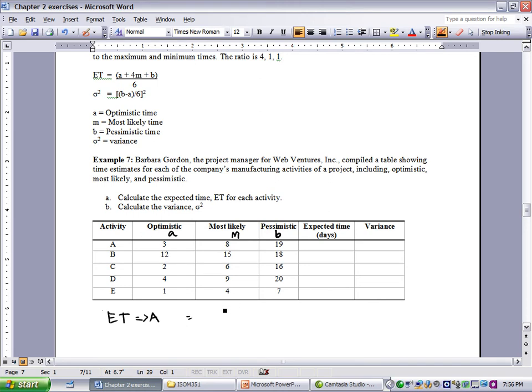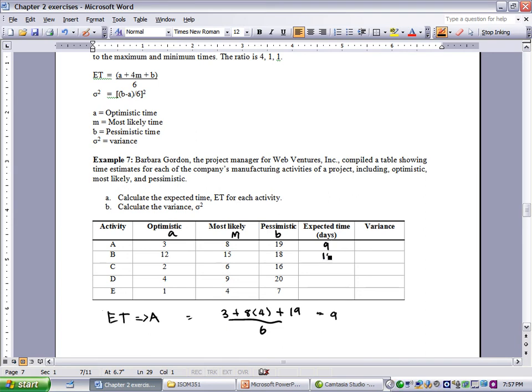So we're going to have 3, A, plus 4M, 8 times 4, plus B divided by 6, like that. Okay, and then you get the result, which is 9. And you keep doing that for all activities.